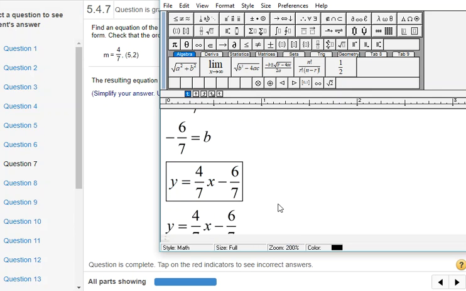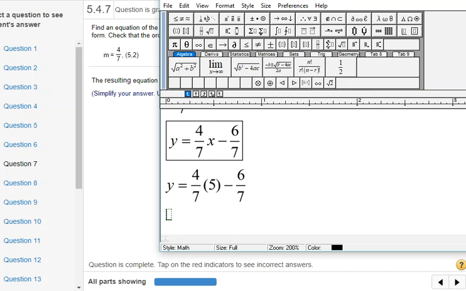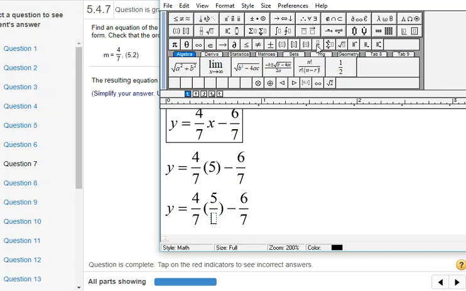If I plug in the x value of 5, I should be able to get back to the y value of 2. And again, we'll just check it ourselves here. I know that, once again, 5 is the same thing as 5 over 1.